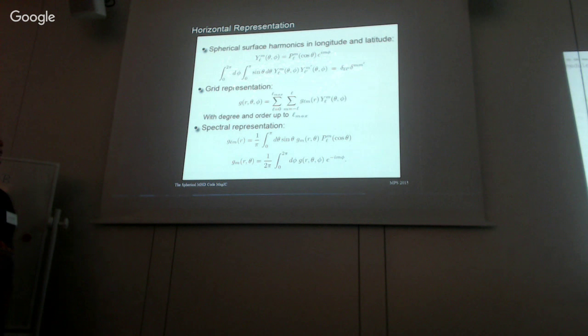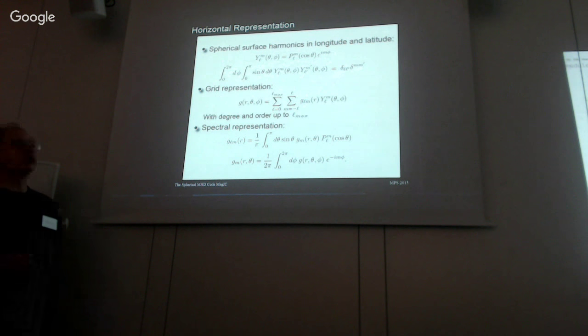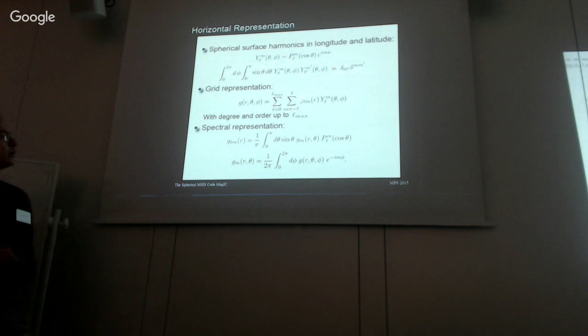Okay, and now the question is, how do we get from, for example, a spherical harmonic representation of, let's look at G, for example. So that's the magnetic poloidal potential G, just as an example. So the spherical harmonic representation would just be all the coefficients that you need to represent this.